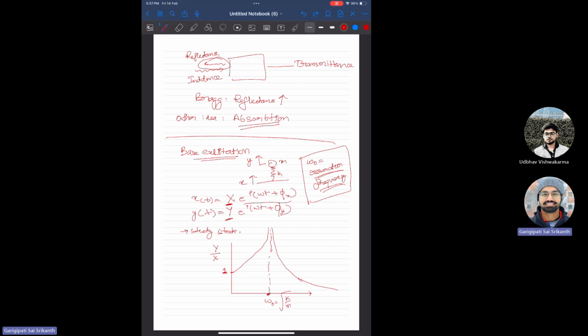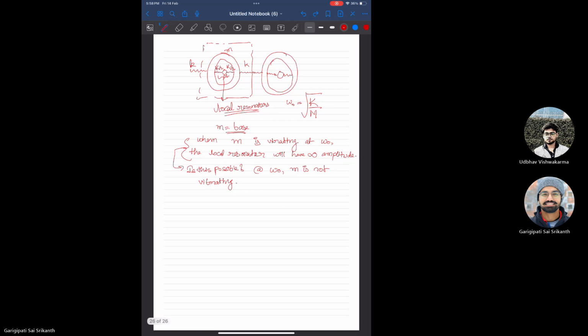So if y cannot be infinity, then for the ratio to go to infinity, x has to be 0. That means if m cannot vibrate at omega naught, there must be a band gap at omega naught.